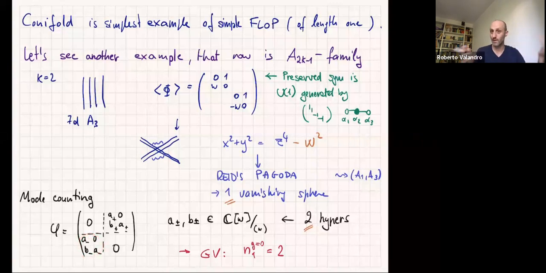The minus and plus are the charges under the U1, exactly the U1 generated by this. And so you see that we have the degrees of freedom of two hypers, A plus, A minus and B plus, B minus. So we conclude that the GV invariant of genus 0 and degree 1 for this threefold is equal to 2, and this was already known before, but we have computed this in this gauge-theoretic method.